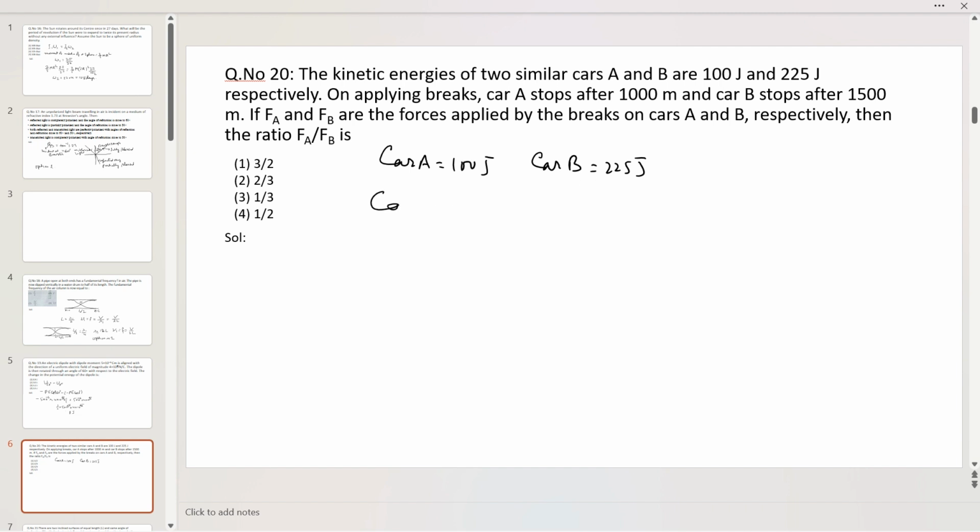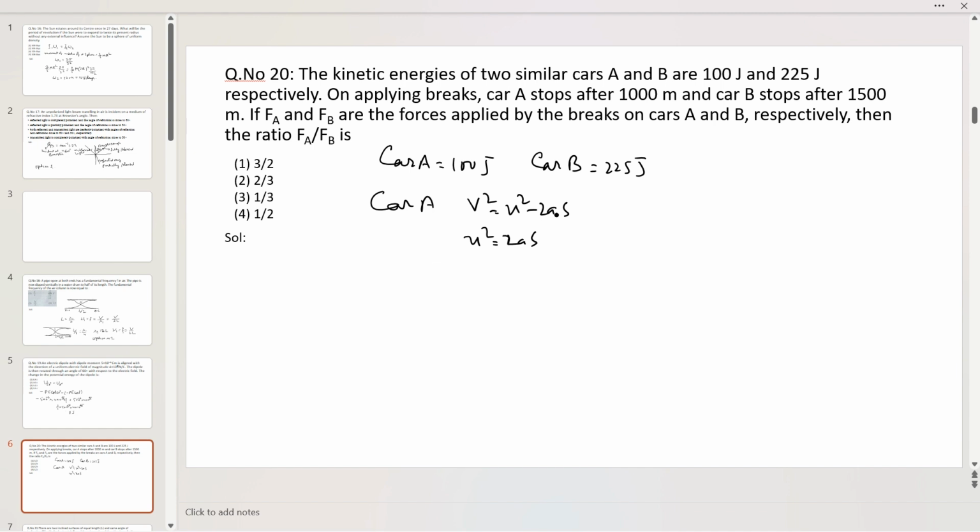For car A, because the final velocity is 0, v square is equal to u square minus 2as, because retardation is taking place. Your final velocity is 0, so this will be u square is equal to 2as. Now I am going to multiply both sides by half.